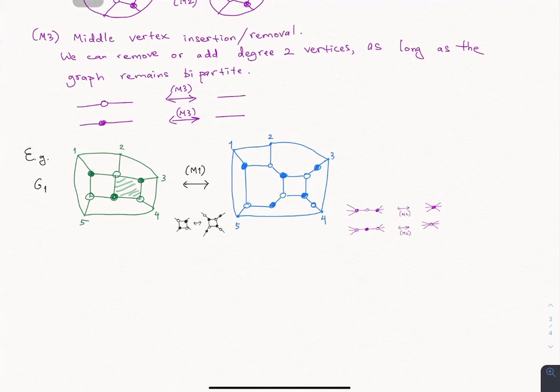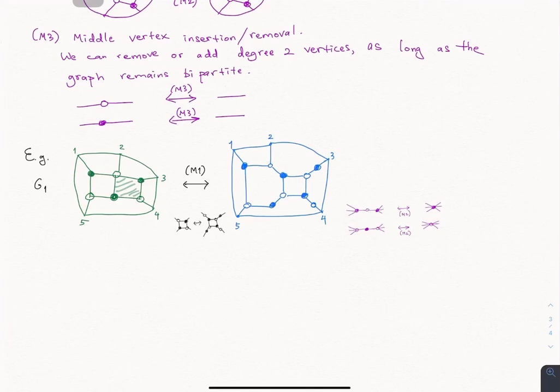In order to apply M2, we would need to have a vertex which has degree 2 and is not adjacent to a boundary vertex. So no, no, no, no, no, no, no, no, and no, but we can apply M2 to this vertex.